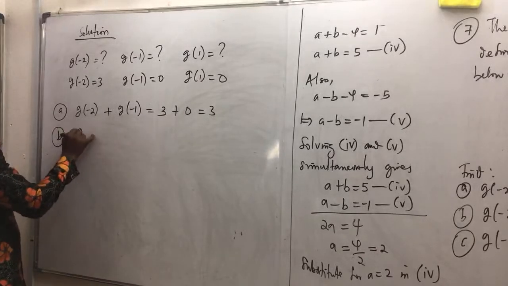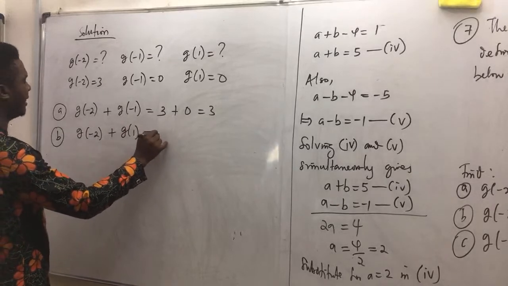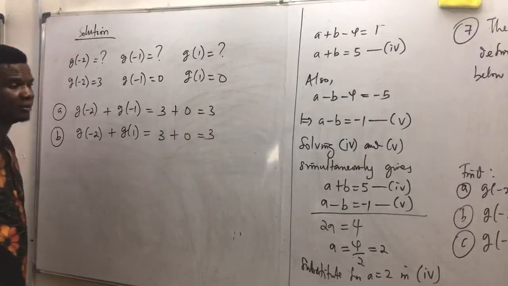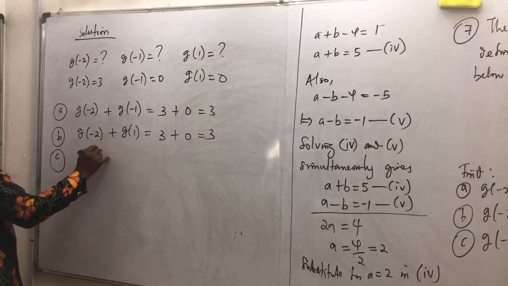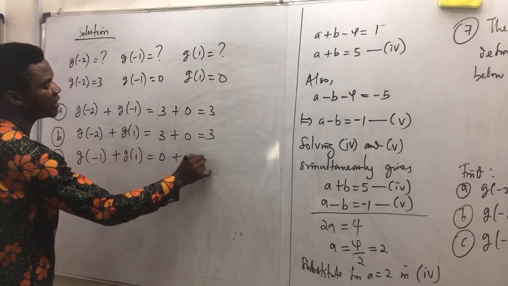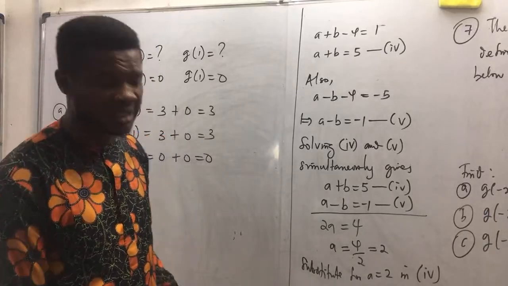B, G of -2 plus G of 1 would imply getting 3 added to 0, and that would also give you 3. Then finally, C requires that we find G of -1 added to G of 1, and this will be 0 plus 0, giving you 0, and that solves the problem. So the problem is not difficult.